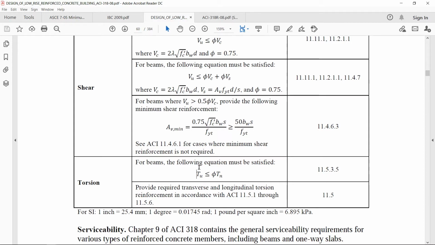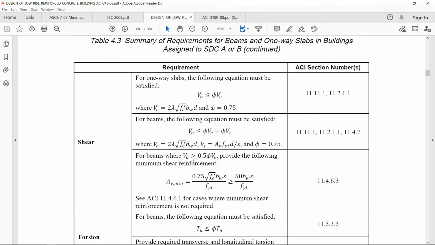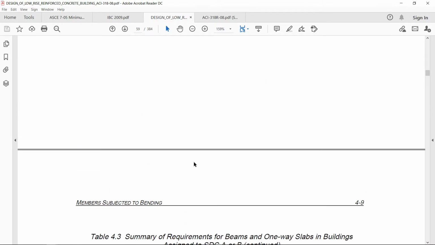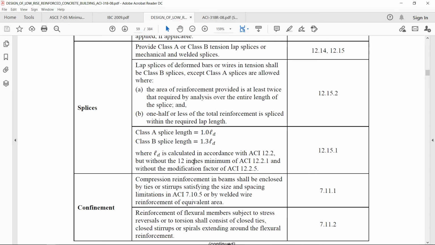So these are the minimum provisions you have to follow as per the codes and standard, and you have to verify that you are meeting all these conditions in your output. And if there is something which is not met, then you have to calculate manually and provide it. Or in your design report, you should say that yes, I met all these requirements.